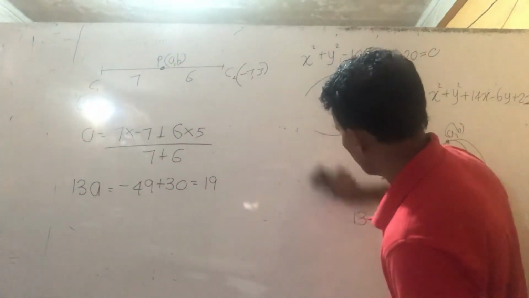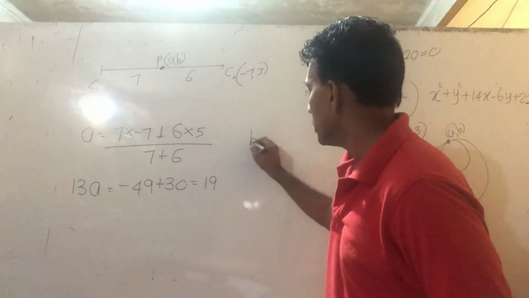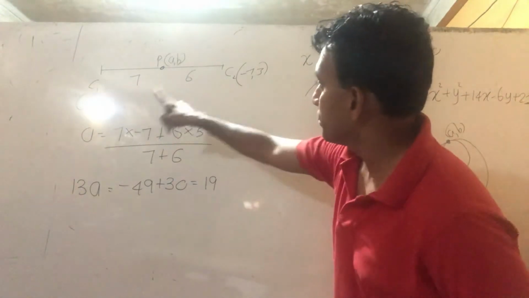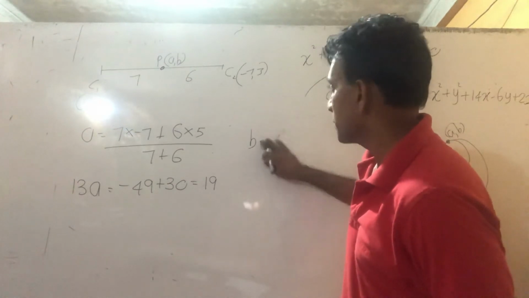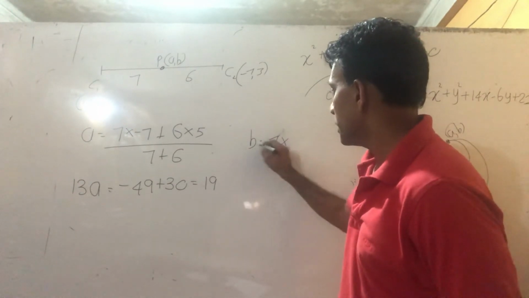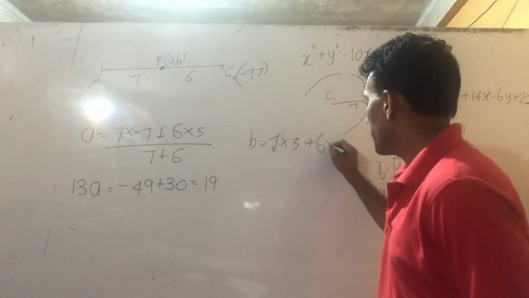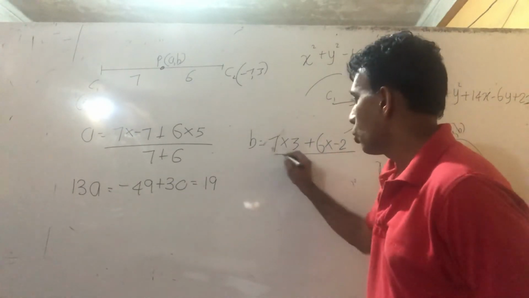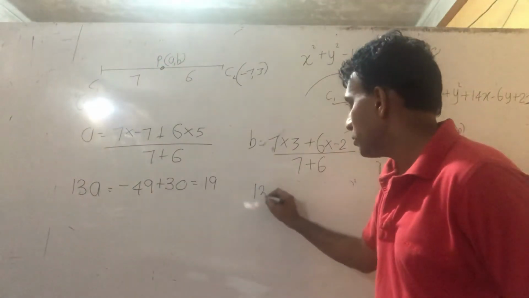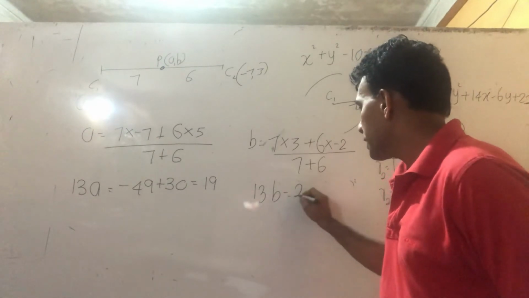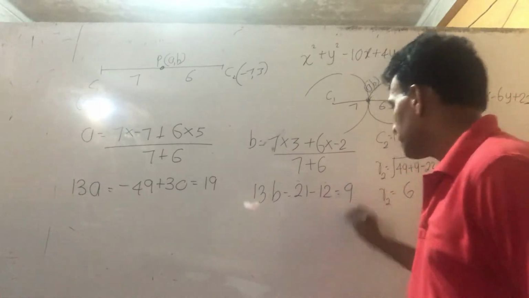Now find the B coordinate in the same fashion. B is what? Same idea with y values: 7 into 3 plus 6 into minus 2, over 7 plus 6. So cross multiplying, 13B equals 21 minus 12, which is 9.